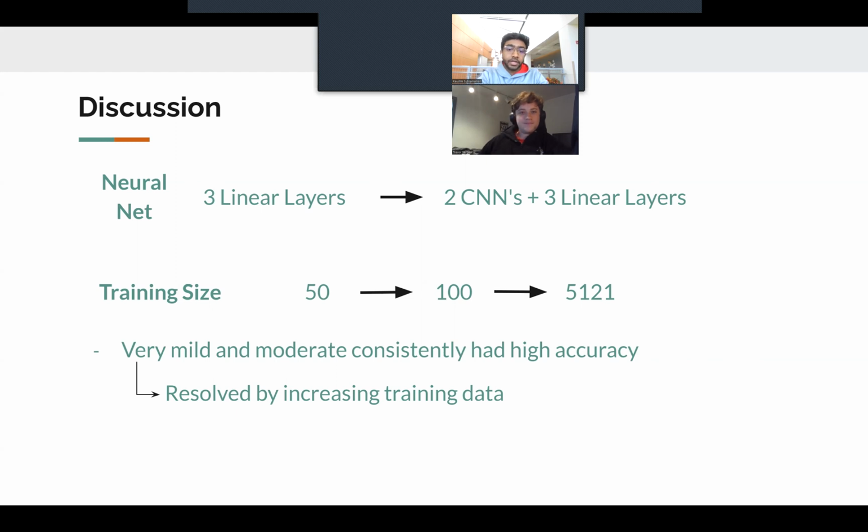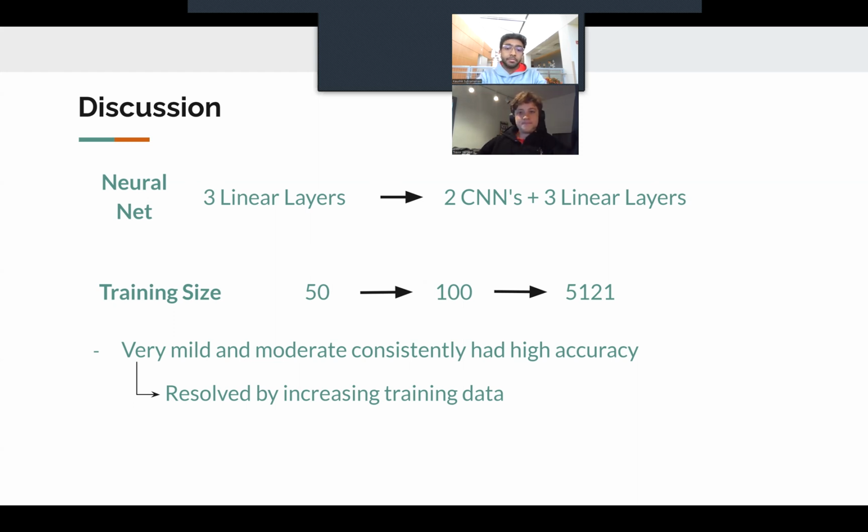That was 5,121 images in training. Along with the increases in training size, we also saw a significant improvement in the decrease of loss. With a smaller training size, we saw a loss that didn't decrease as fast as it did with our training of the 5,000 images.